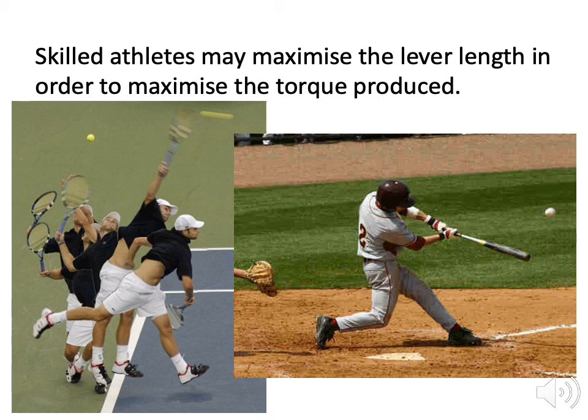So we create as long a lever as possible by, for example, in a tennis serve, striking the ball at the highest possible point. So we've got this huge lever length going from the shoulder to the very end of the racket. And again, in baseball, extending the arm, striking the ball towards the end of the bat. By doing so, we are able to generate massive amounts of force upon the projectile.